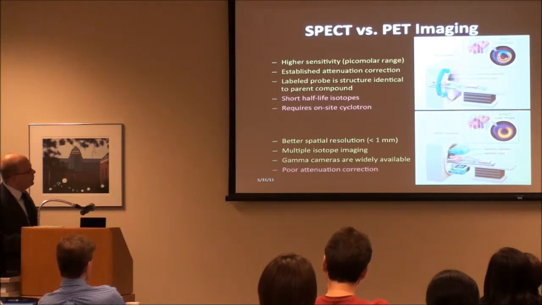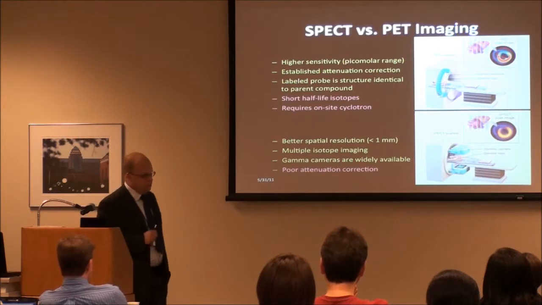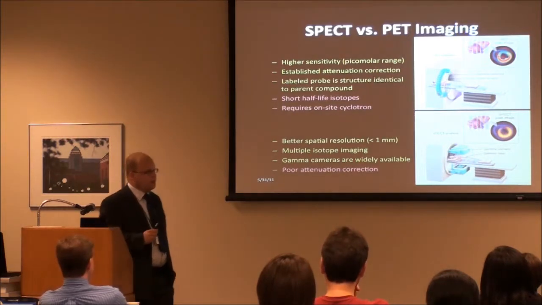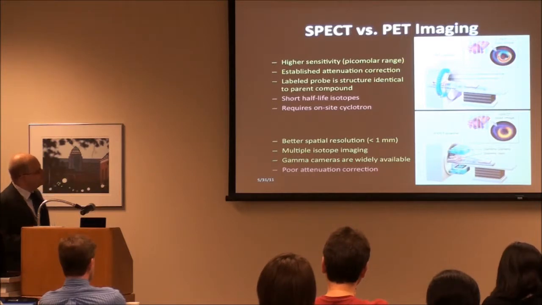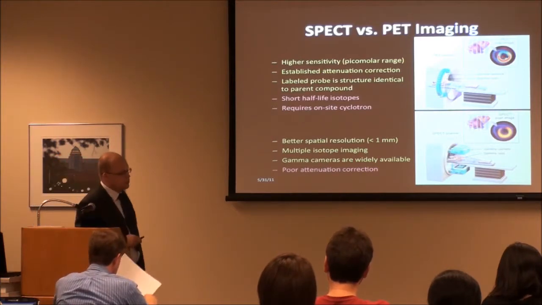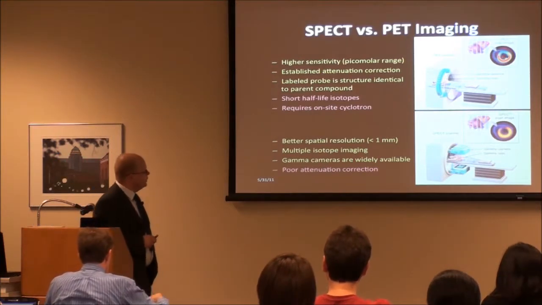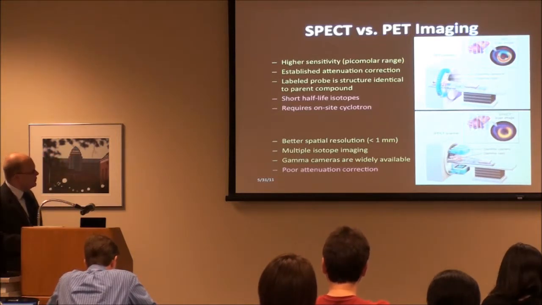For example, PET requires the use of isotopes which have a relatively short half-life. For example, there are some isotopes which have a 2-minute half-life. It means that we need to produce those isotopes on-site. Therefore, this technique requires an on-site cyclotron in many cases, and that's why it's expensive.